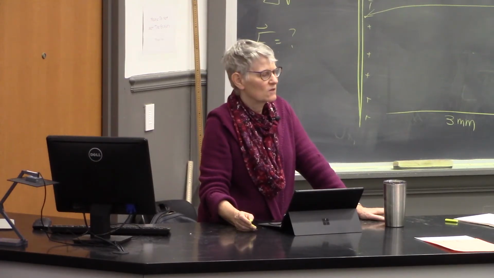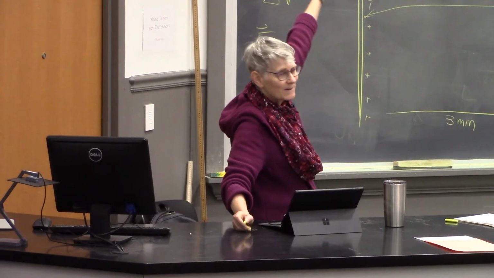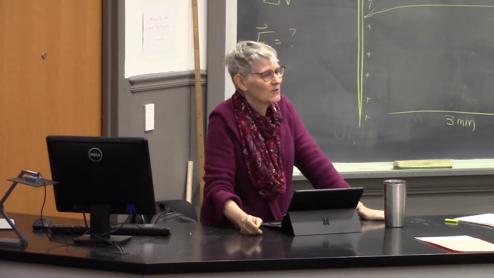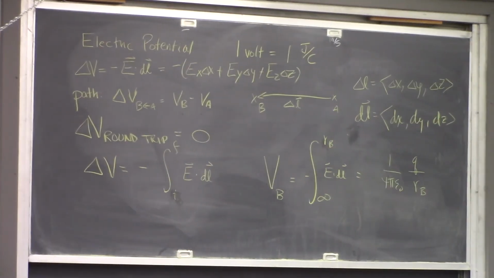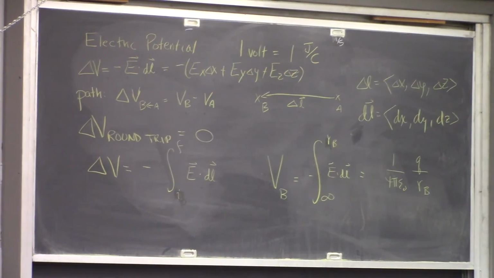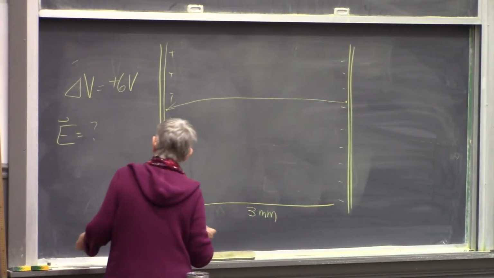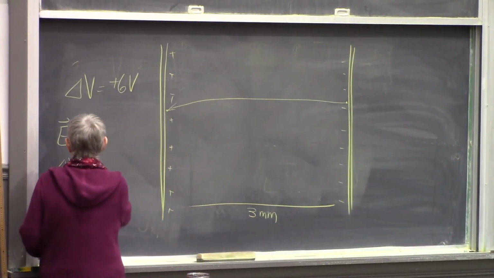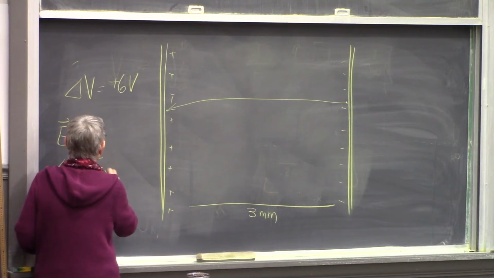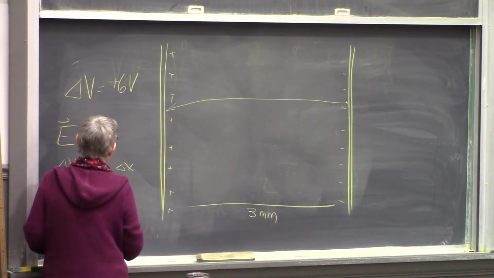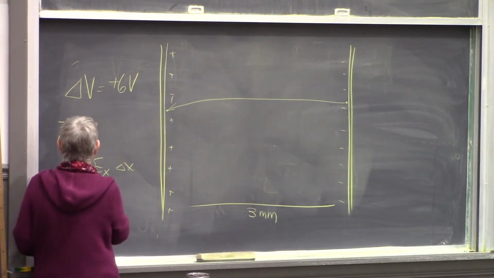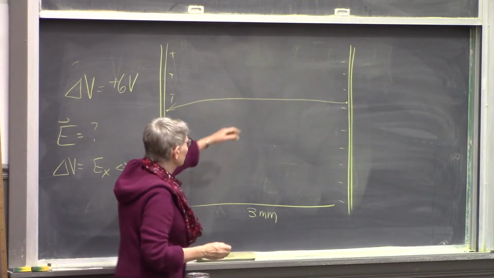This is not a hard problem. What is the electric field inside the capacitor? Yeah, exactly. So delta V is E sub x times delta x.